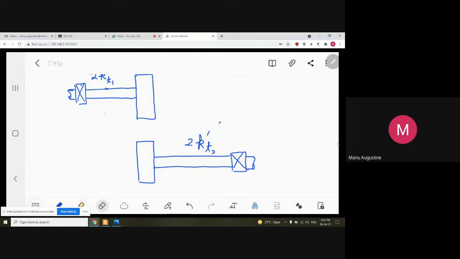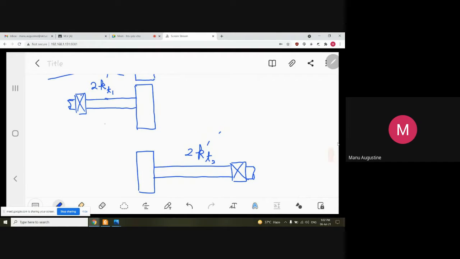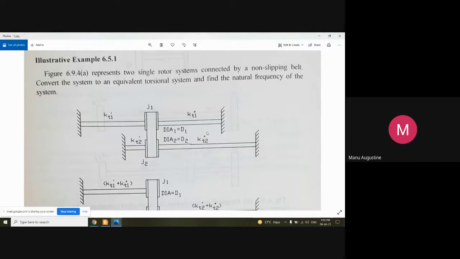So it does not matter whether gears or pulleys are connecting them. The pulleys are connected with the help of a belt. But anyway, the question states very clearly that there is absolutely no slip between the belt and pulleys.